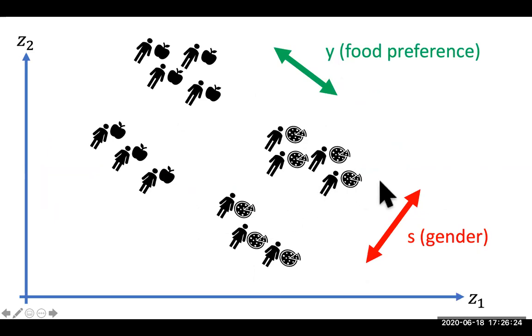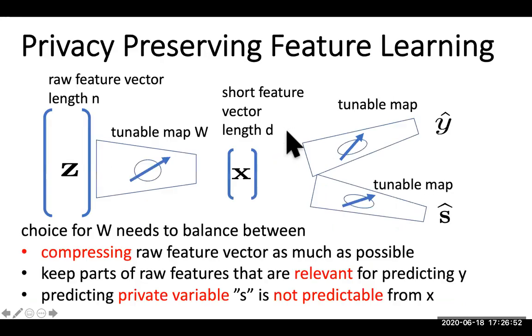And we would like to ensure that this information about the gender is not used at all in our machine learning system. So we want to get rid of any gender-specific information as quickly as possible, right from the first processing stage. However, we still want to keep the relevant information that allows us to predict if a person prefers apple or pizza. And this is what we can do using feature learning methods by using different learning criteria.